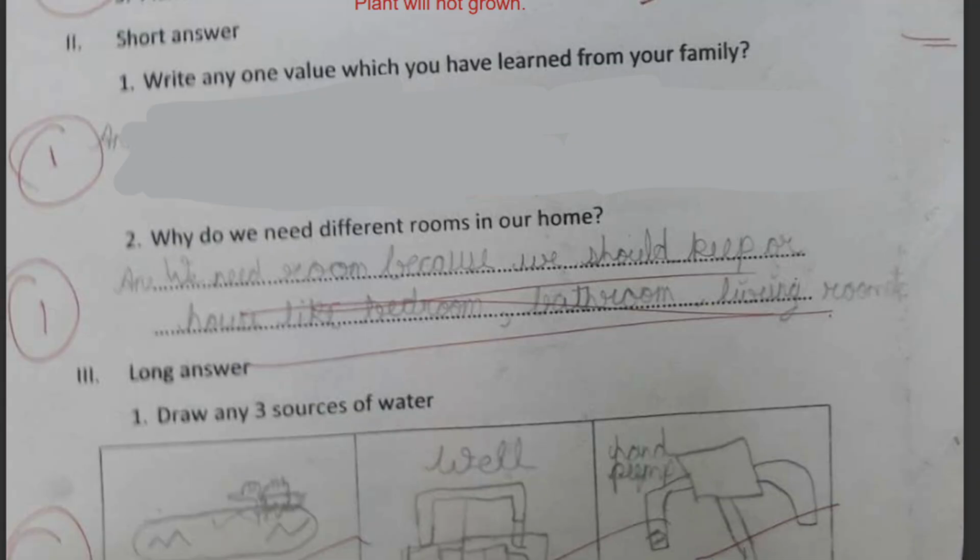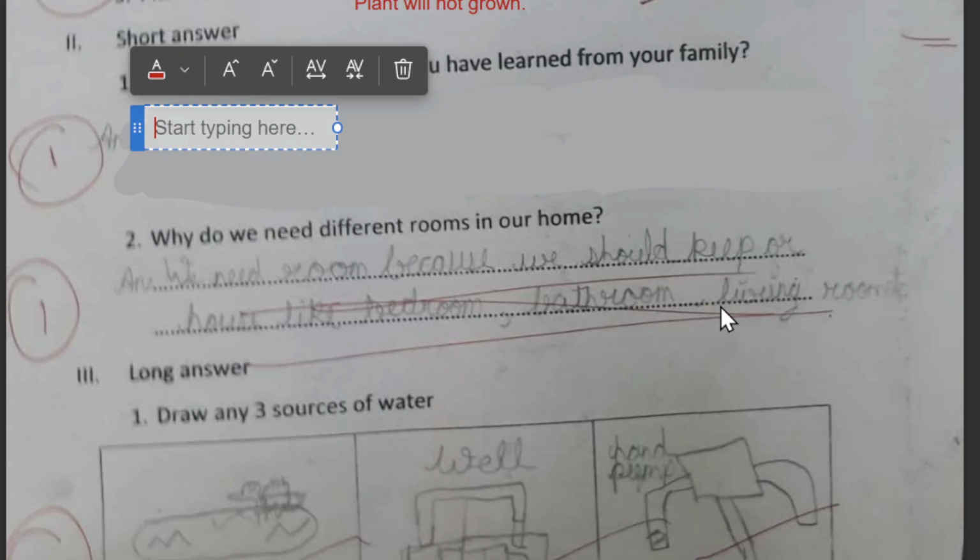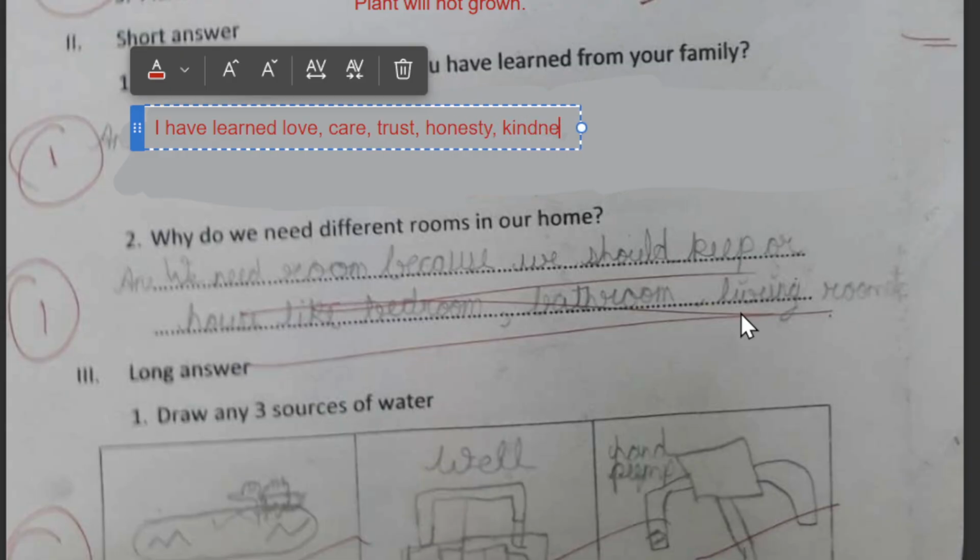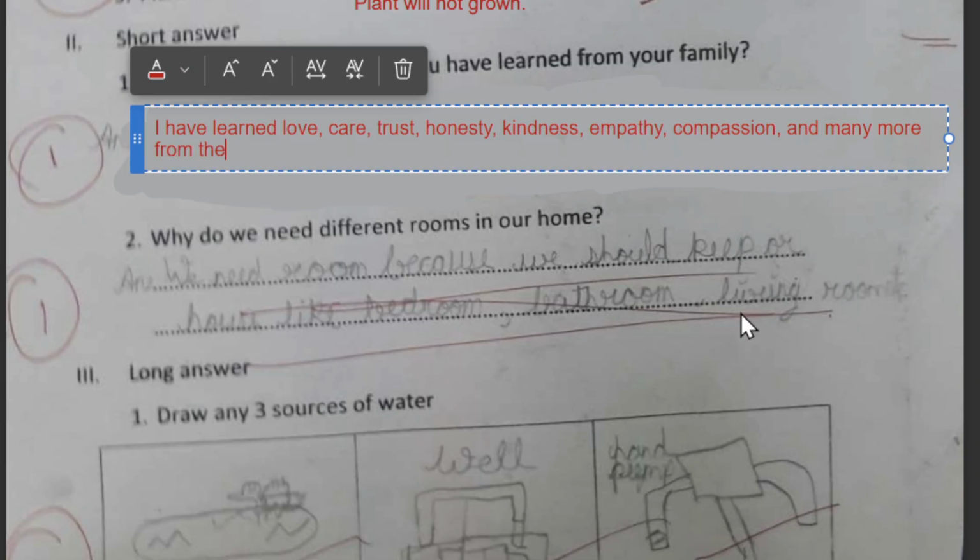Okay, so you can say I have learned love, care, trust, honesty, kindness, empathy, compassion, and many more from my family.